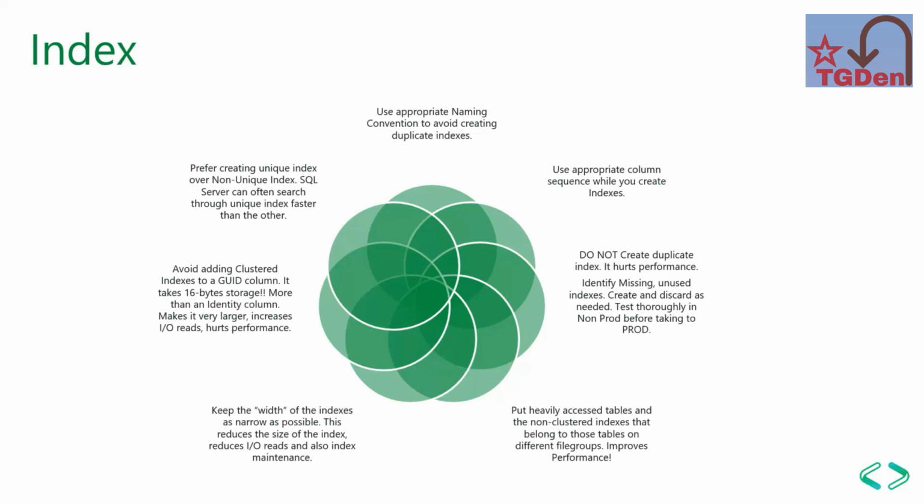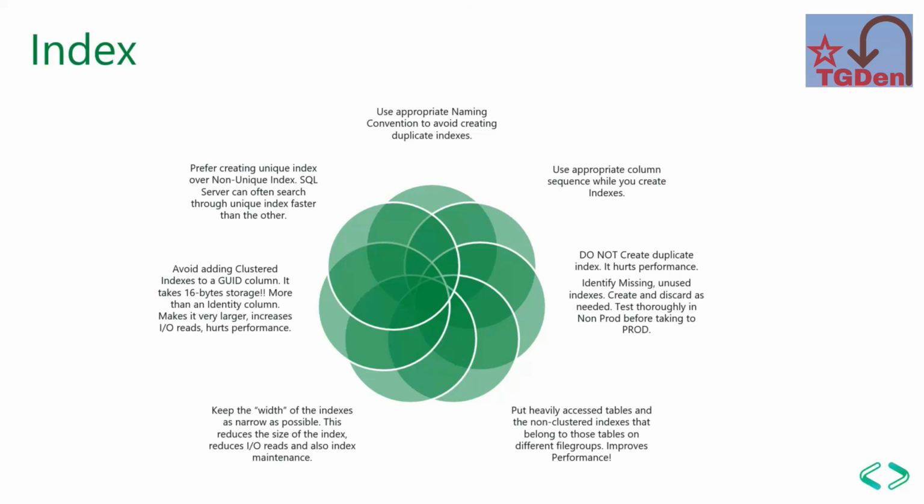But remember, a GUID actually takes 16 bytes of storage, which is huge. Now, if you have a million records, you can understand each record is carrying 16 bytes. So that means the size of the clustered index is huge, which is dangerous. So always try to avoid creating it; instead, leave it as a heap. Probably that should be even better than creating a clustered index on a GUID column.